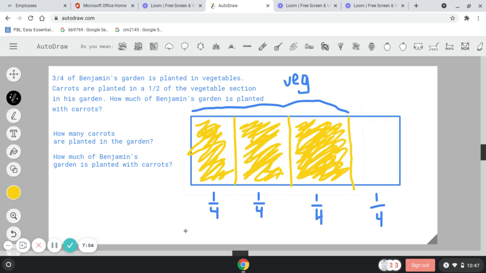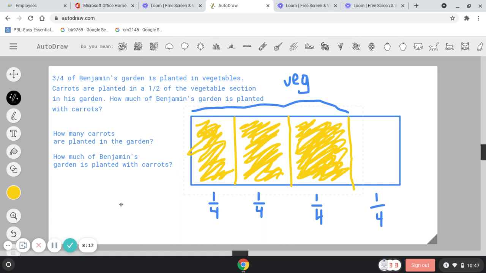Okay, so now let's look at the second sentence. Carrots are planted in a half of the vegetable section in his garden. So here is his vegetable section. Half of this vegetable section is going to be for carrots only.